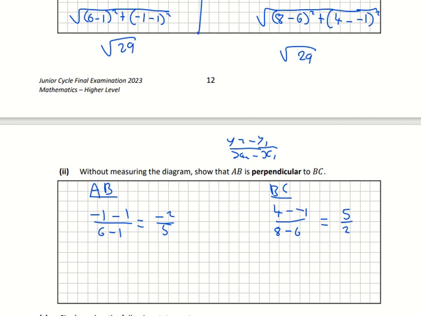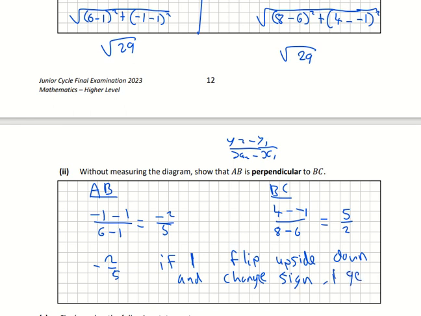So if I take minus 2 over 5, flip it upside down and change sign, I get 5 over 2.